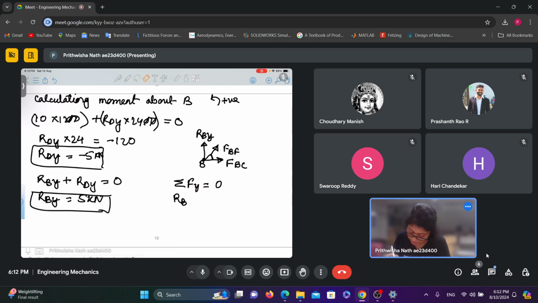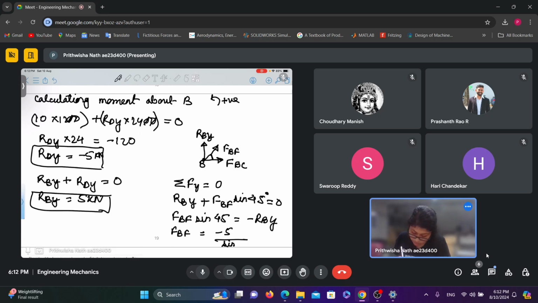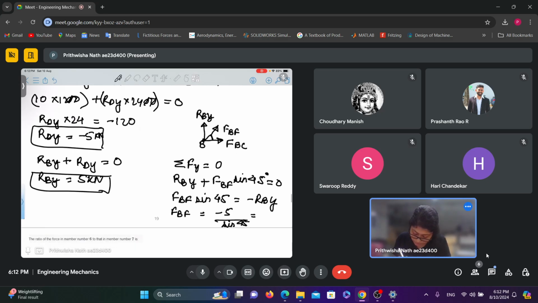RBY plus FBF sine 45 equals 0. FBF sine 45 equals minus RBY. RBY is how much? 5 kilonewton, right? So FBF is minus 5 by sine 45, which is equal to minus 7.07 kilonewton.